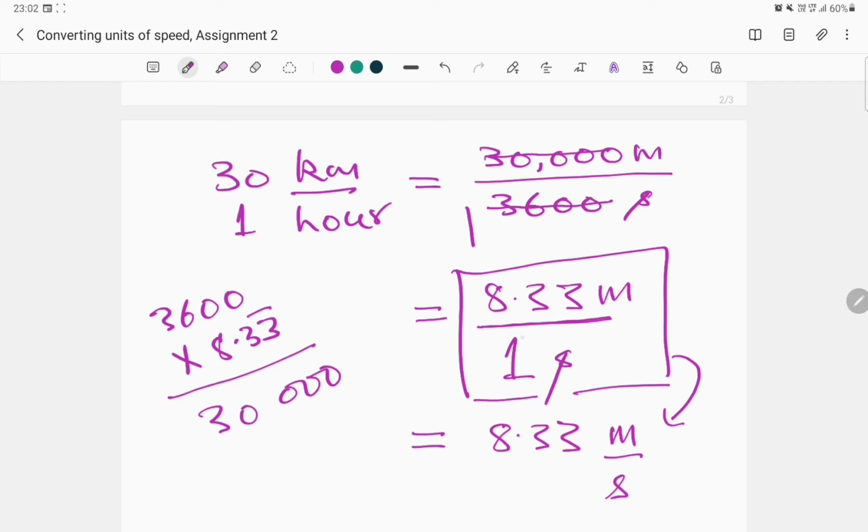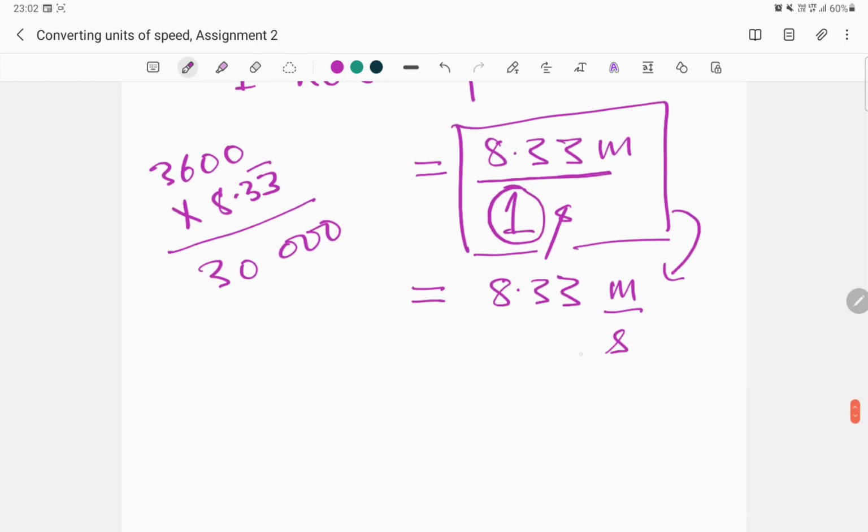I hope you remember from our previous classes that there is no need to write the number 1 with any unit. It is taken for granted that even if you don't write 1, it is in 1 second. So an object that has a speed of 30 kilometers in 1 hour, what is the speed of the same object in meters per second?